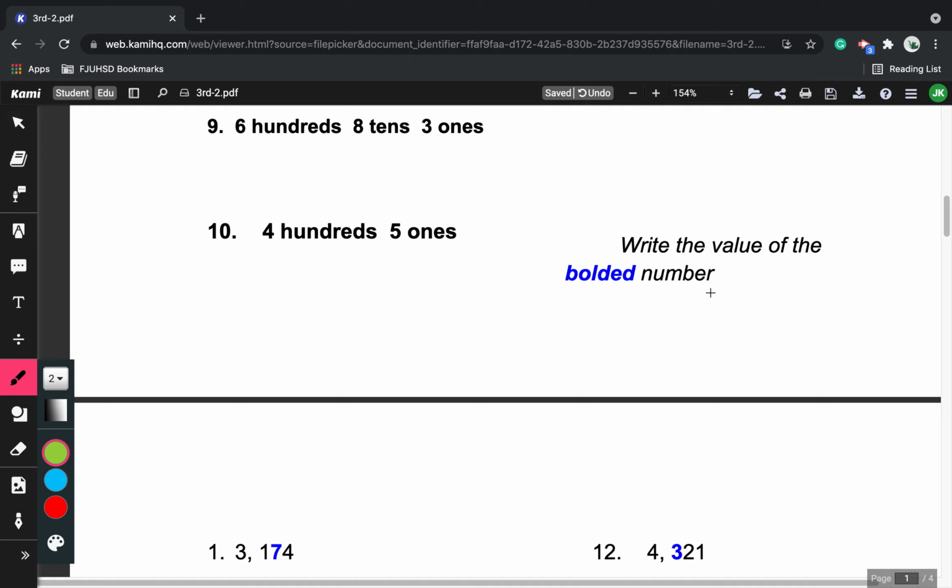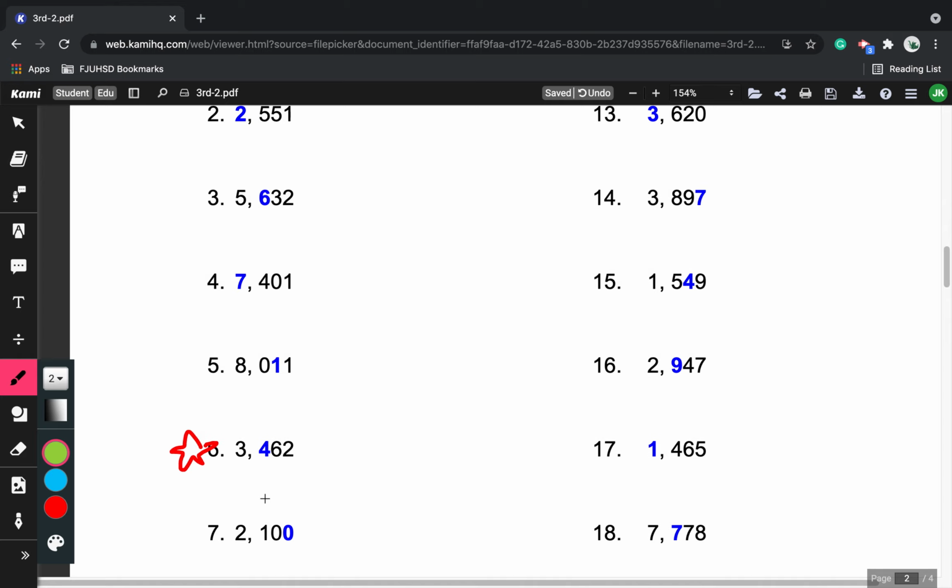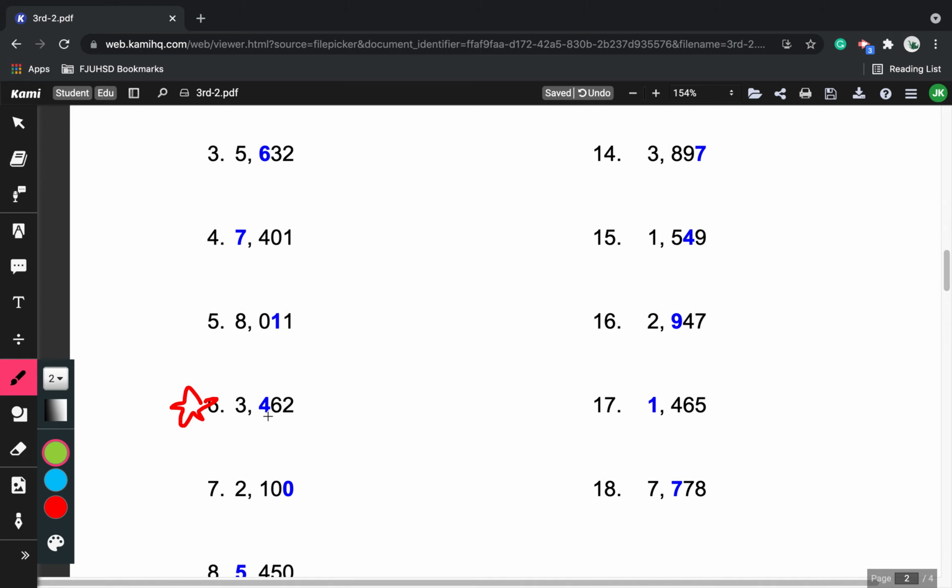Okay, next one they ask you to write the values of the bolded number. So number 6, we have to find the bolded number right here in 3462. So again, remember that this is the ones place, the tens place. Let me write the numbers.